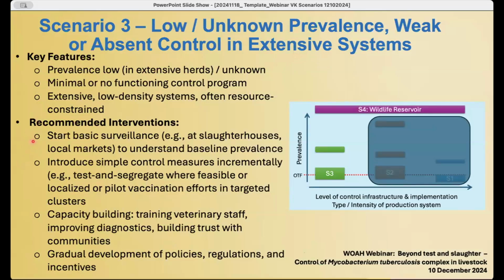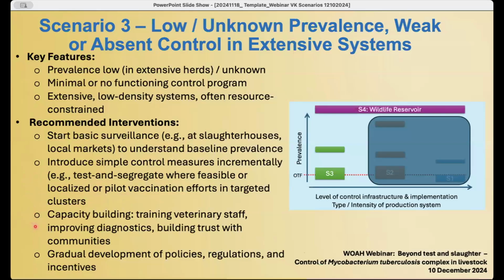So again, I think starting with basic surveillance programs, as was alluded to earlier, at slaughterhouses and local markets to understand the baseline prevalence, and then incrementally introducing test and segregate in high-risk, high-density herd settings, particularly around urban areas and supplying major milk sheds, including pilot vaccination trials, might be needed.